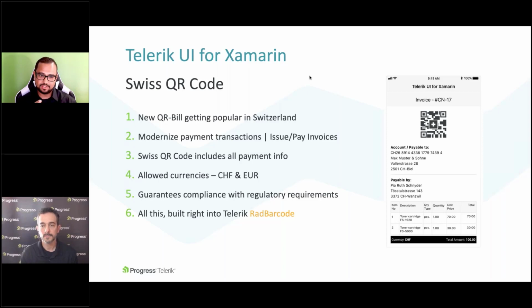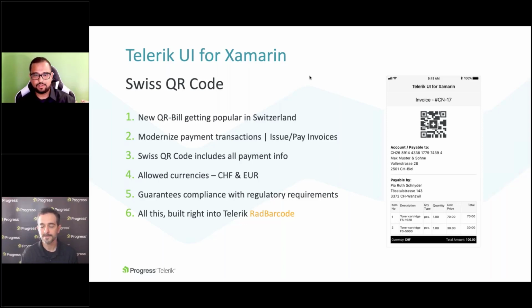Essentially, it's a single way for you to issue an invoice and get paid for it, because it encapsulates all of the payment information that you need. Somebody could issue you an invoice, and you could get paid with all of your bank details securely in that QR code. It is meant to modernize payment transactions, and it's being used right now with the EU and the Swiss currency, but it is ready to go big, so other countries may use it as well.